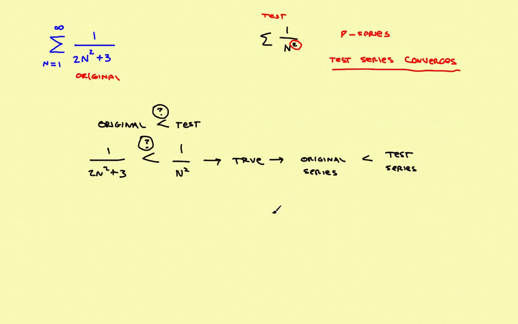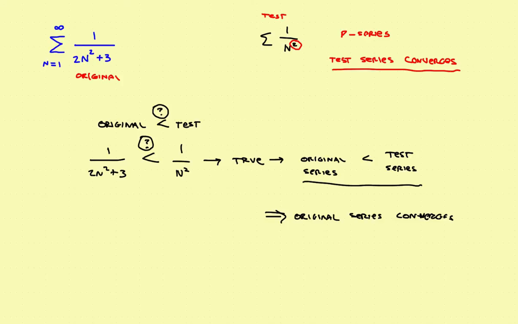The final thing would be that the original series converges. So again, if the test series converges and the original series is less than the test series at every point, then you can conclude that the original series converges.